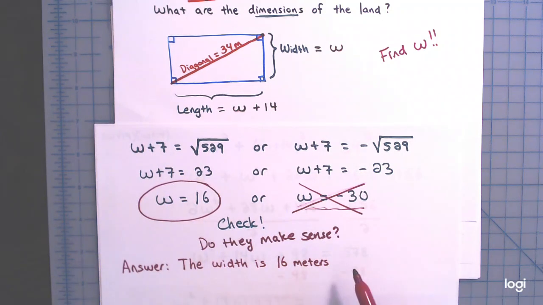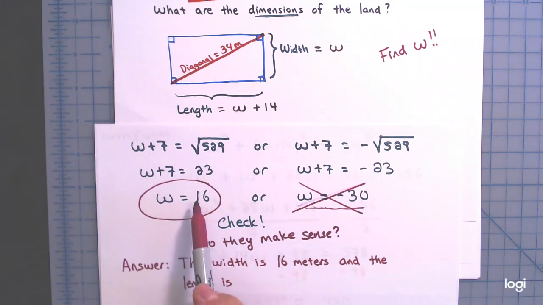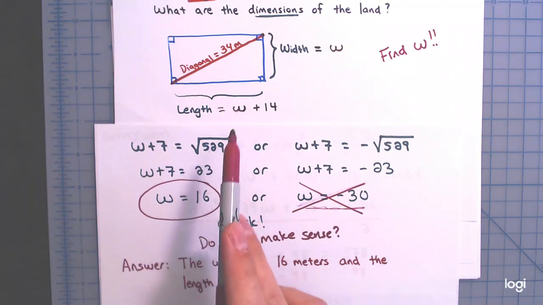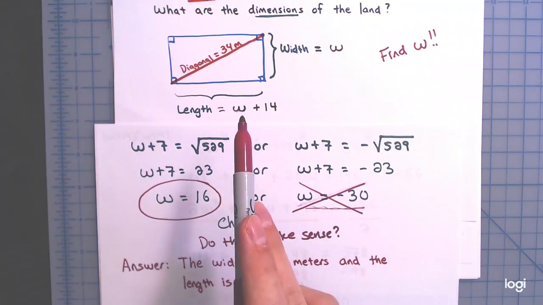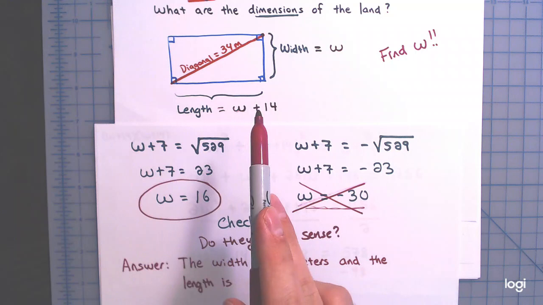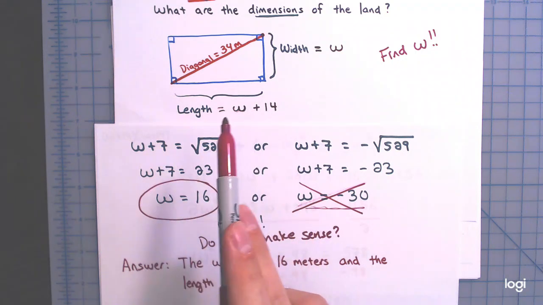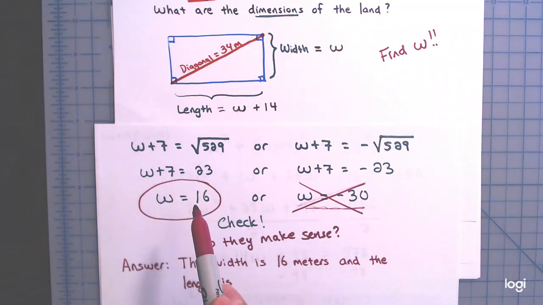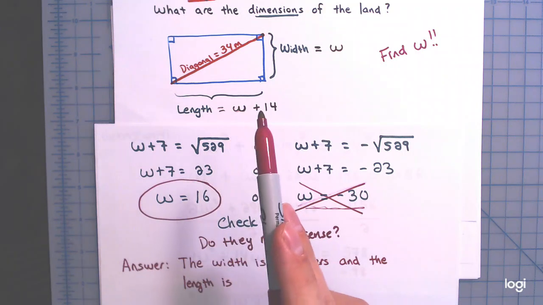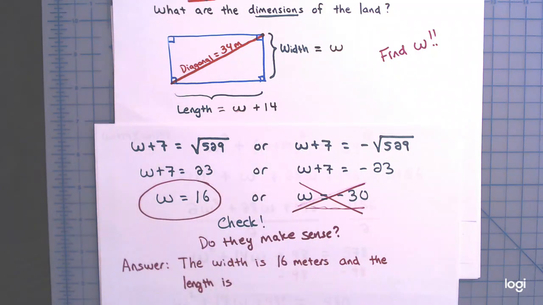The width is 16 meters, and the length of the rectangle, or the other dimension, is, now don't forget, it's not 16. Now you can plug 16 in for W. Remember, the length was W plus 14. So the length will be 16 plus 14, or 30 meters.